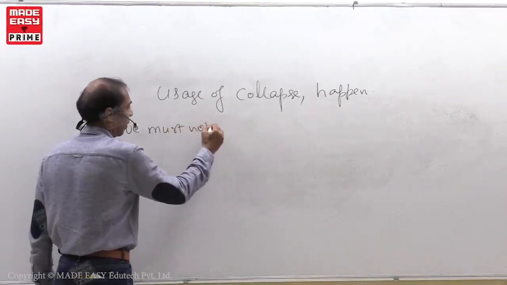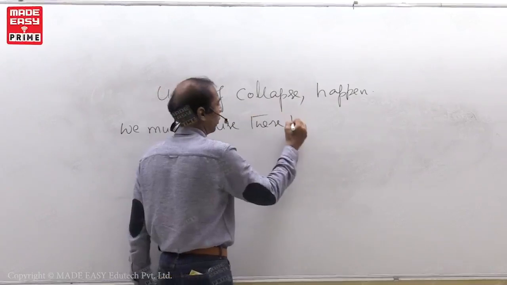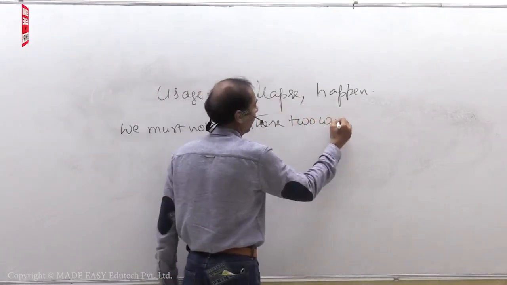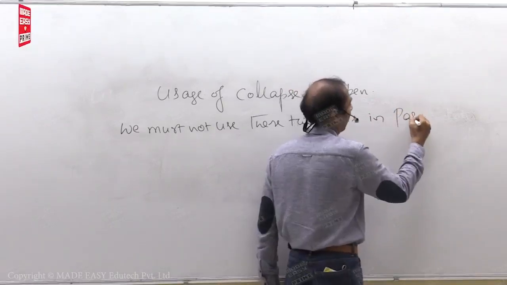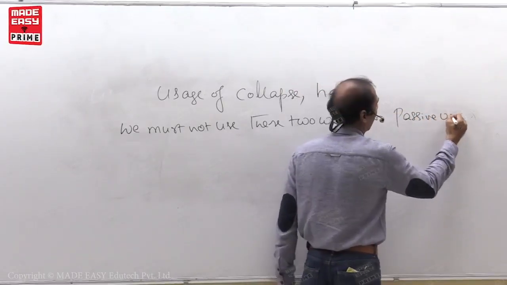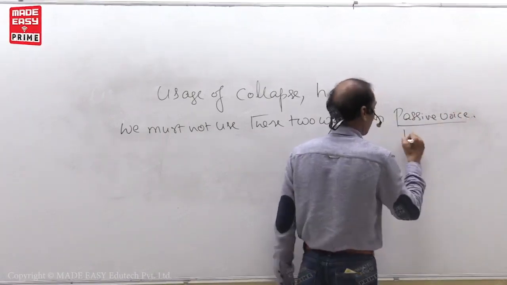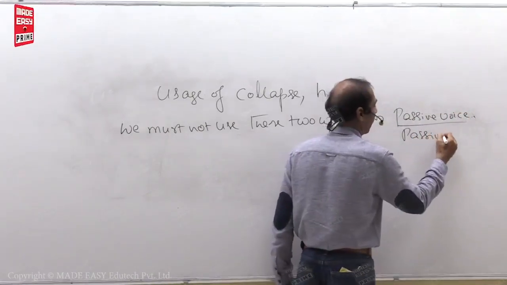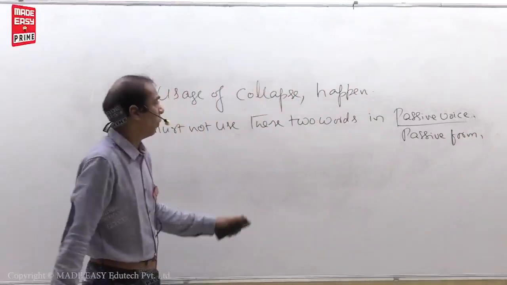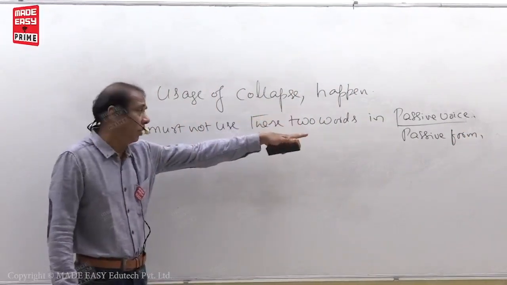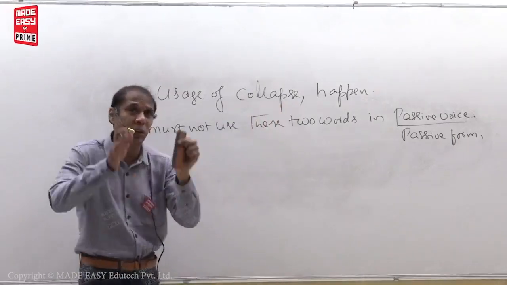We must not use these two words in passive form. Passive form or passive voice. Both are same. See, we must not use these two words in passive voice or in passive form. We have to use these two words only in active form.